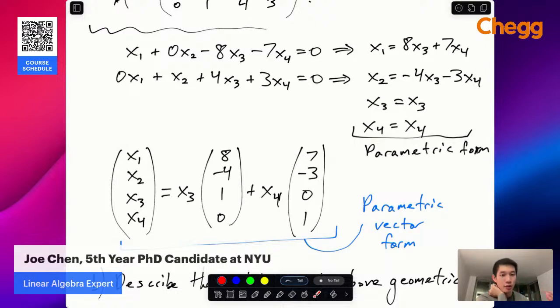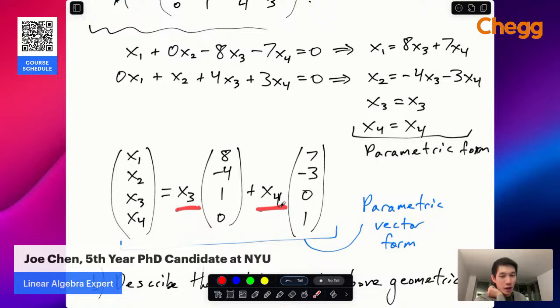They both describe the solution in some way. These are both called parametric solutions because you have the vector that describes the solution on the left, and on the right I have some numbers, but they're given in terms of these variables.